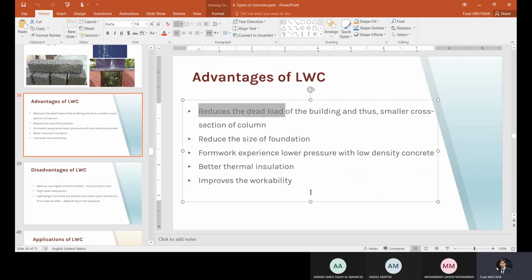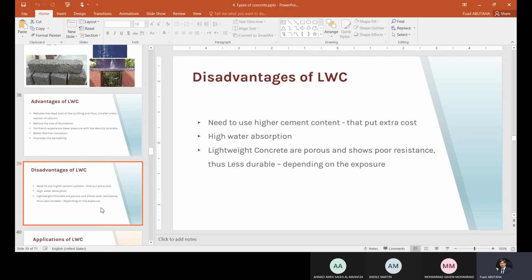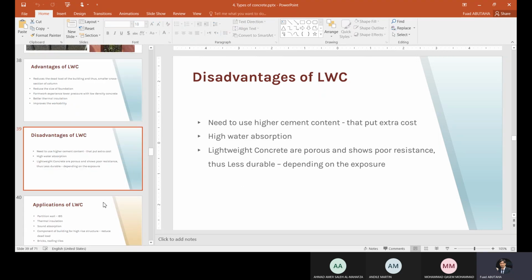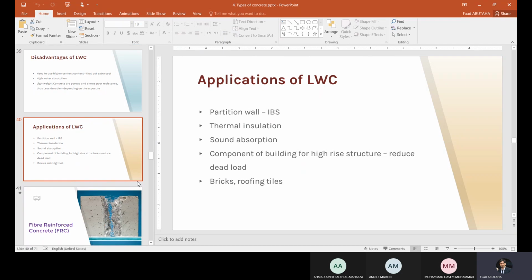It has good thermal isolation and also good sound isolation, and the workability is high. The disadvantages would be high water absorption, so it means it's not durable, and it requires high cement contents.